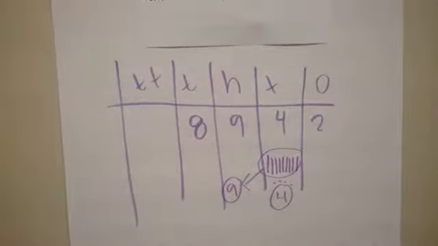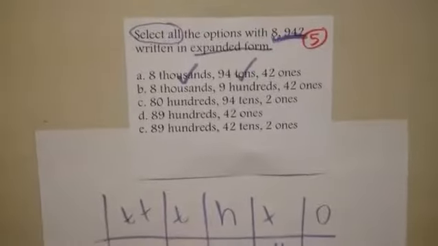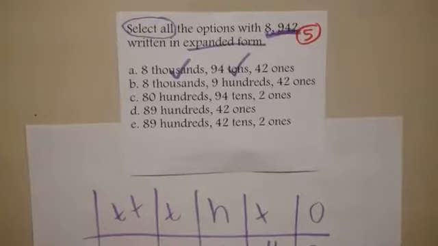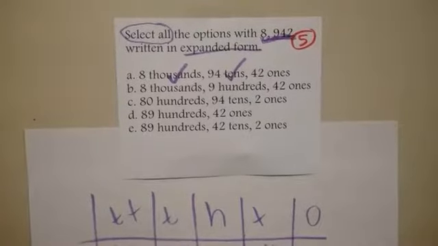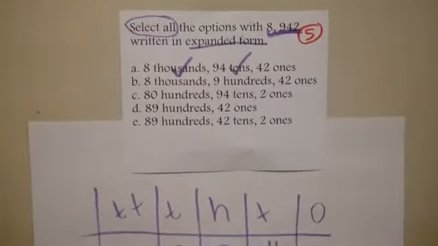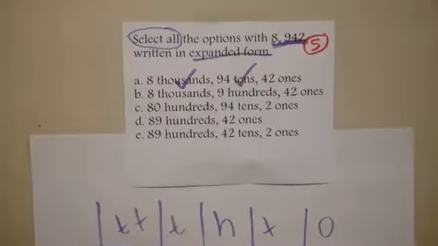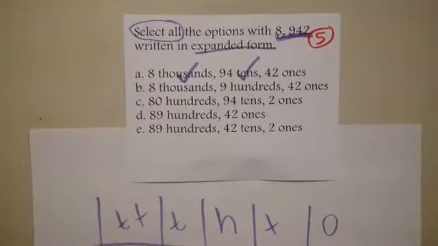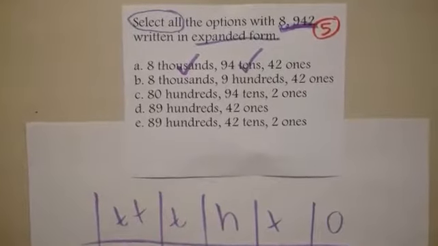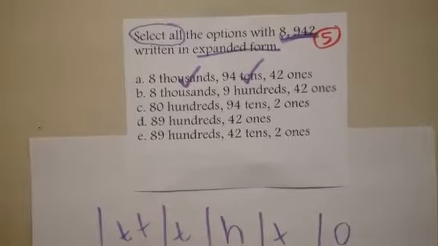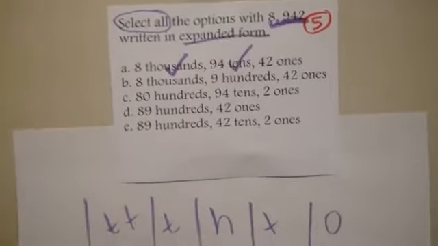Remember, 94 tens is the same thing as 9 hundreds, 4 tens, because 94 tens is like 10, 20, 30, 40, 50, 60, 70, 80, 90, 100. Then you move it over. You would do that every time till you get to 90 tens. Do we have 42 ones?